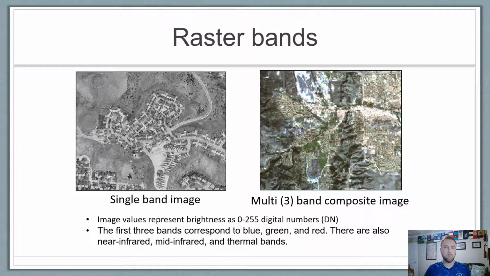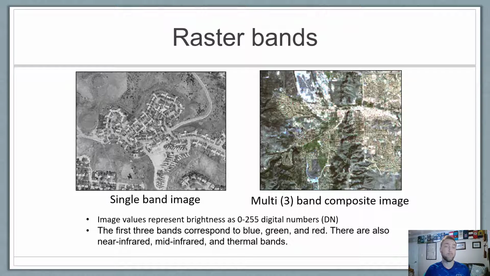The first three bands in a multi-band composite image are blue, green, and red. As you go on increasing the bands, you tend to get to near infrared, and several other different bands that we will get into. Those are useful for not just visually representing what the Earth looks like with the naked eye, but also seeing other things like moisture, the health of vegetation, looking at other features like underneath the surface of water with bathymetry, and a handful of other types.